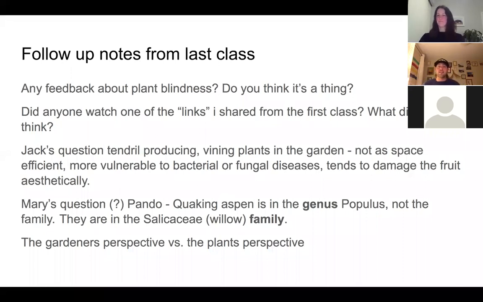But what I think that illustrates is what I'll talk about in the next class: the importance of understanding the difference between common names, and that the common names for plant species can change from different regions.